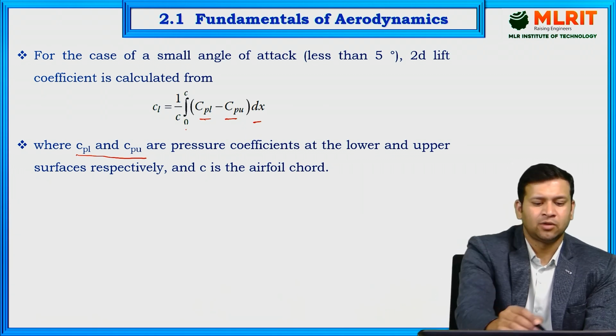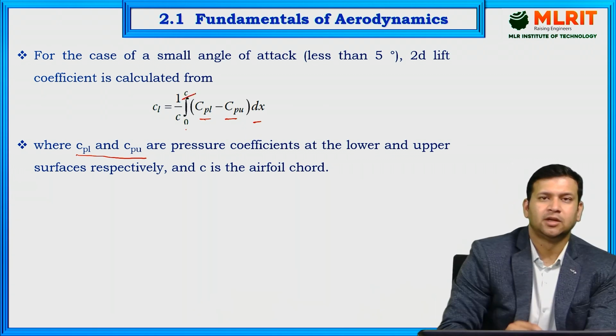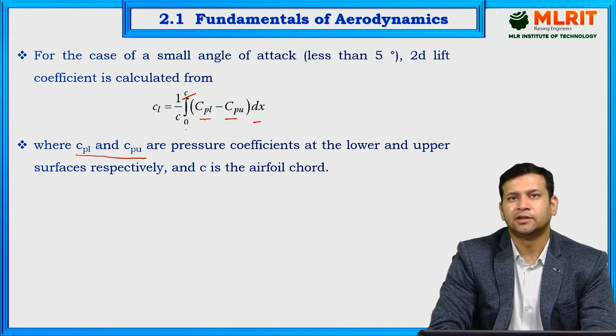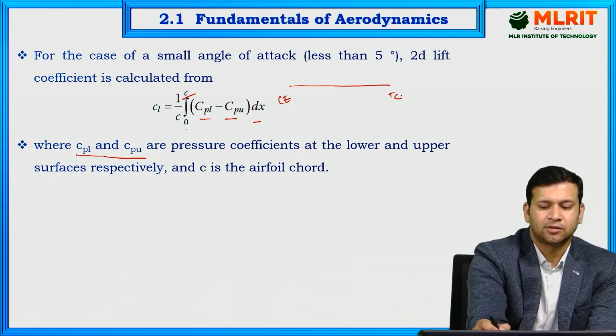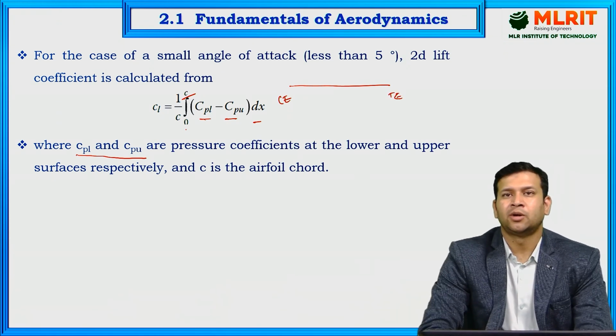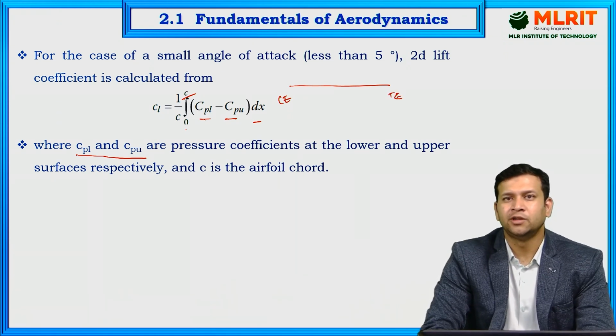The chord is the length of the airfoil from leading edge to trailing edge, or the shortest straight line joining the two points, leading edge to trailing edge.